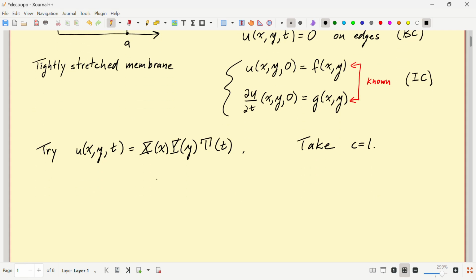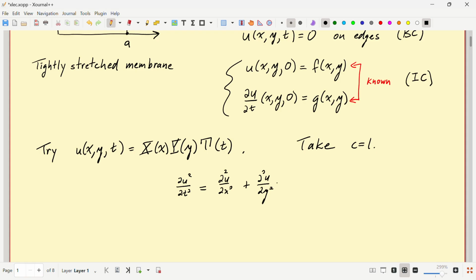Then the PDE would be u_tt equals the Laplacian of u. And the Laplacian of u is u_xx plus u_yy.